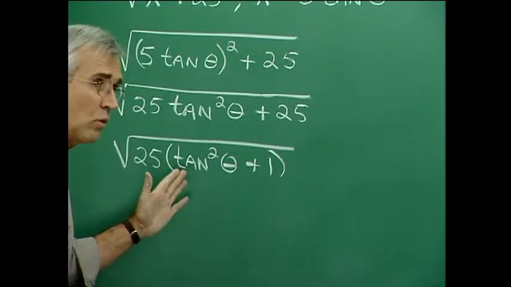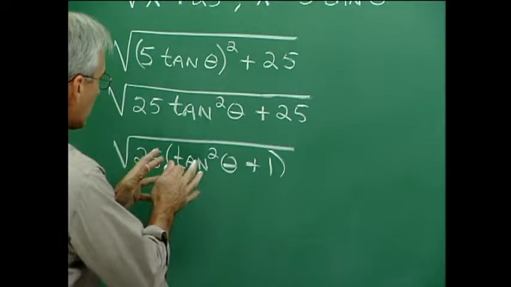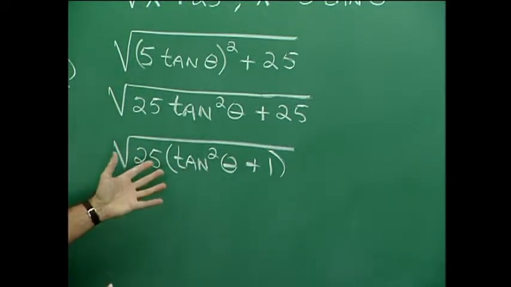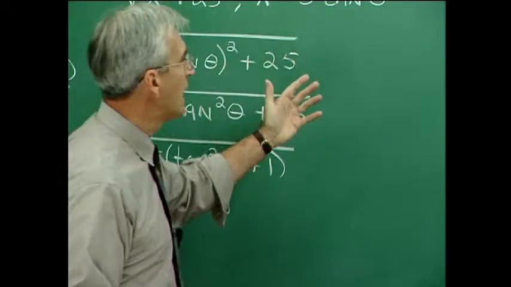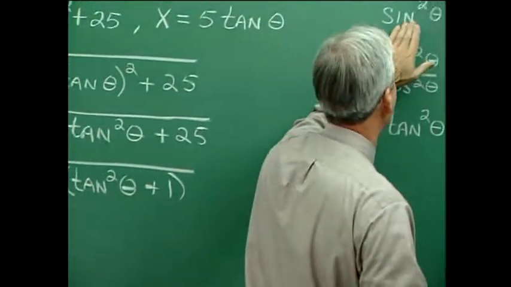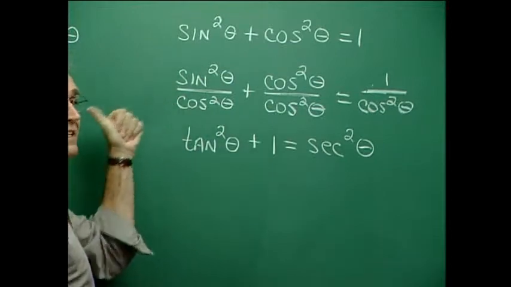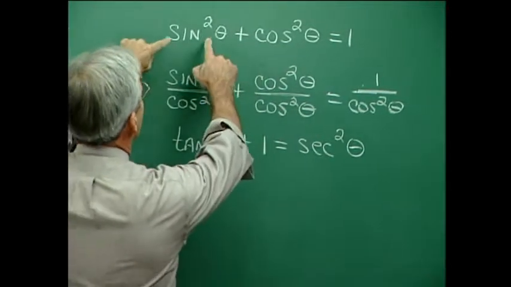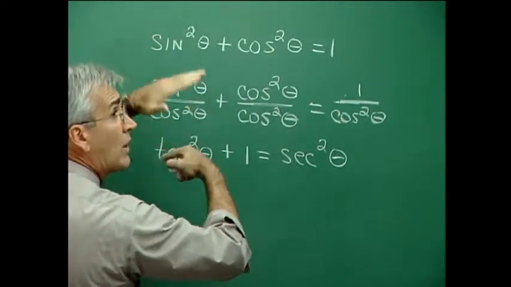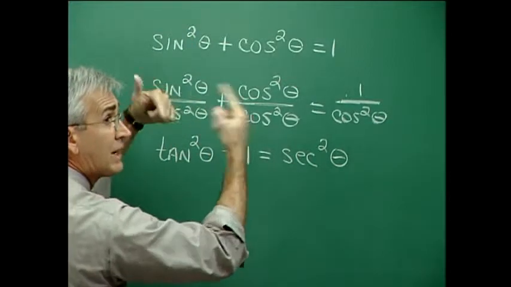I'm not sure which one it is. And if you're sure which one it is, just go ahead and pop the value in. If you're not sure, then you come out over to the side and you say, all right, I start with sine squared theta plus cosine squared theta. And I have something involving tangent theta, and that's easy to see that I need a sine squared over cosine squared, you see, in order to create the tangent squared.